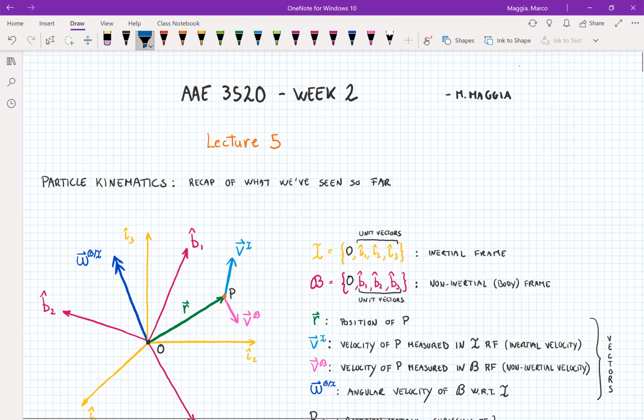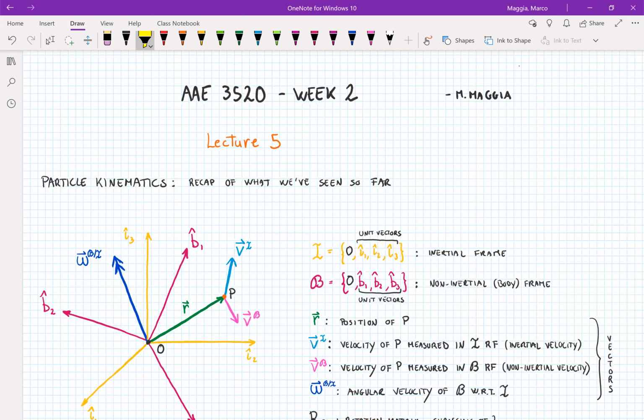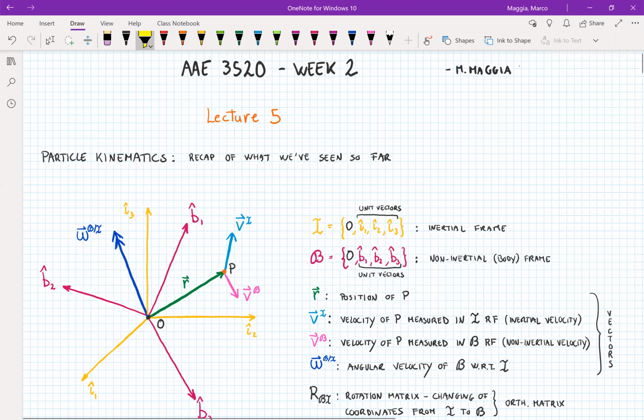So before finding an expression for such acceleration, let's recap a little bit what we've seen so far. So far, we've been referring to an inertial frame of reference, normally indicated with I. And then we have the body frame of reference, usually non-inertial. So sometimes I'm going to refer to it as non-inertial frame or just the body frame of reference.